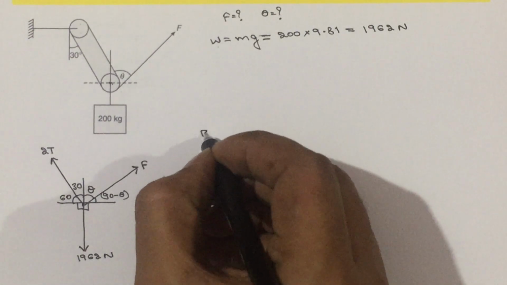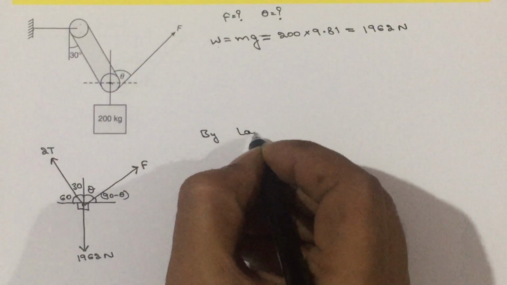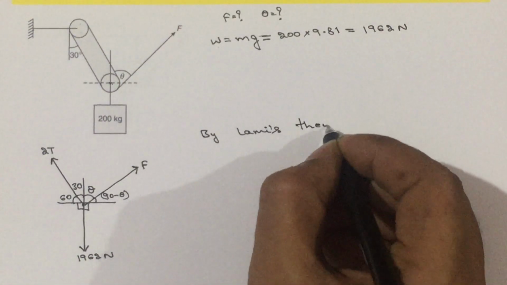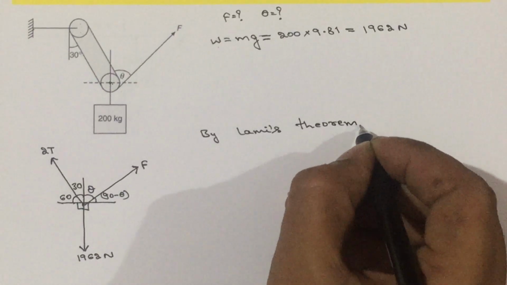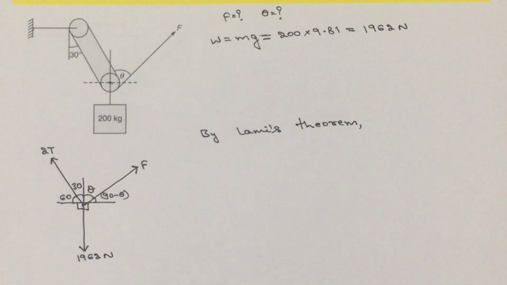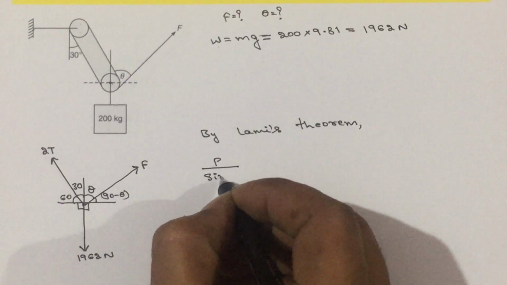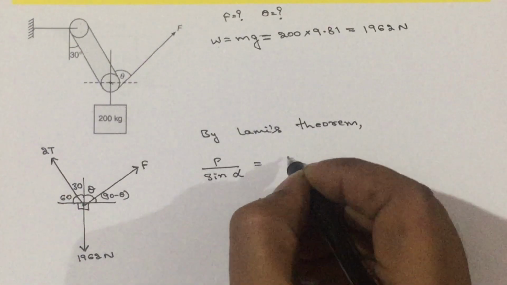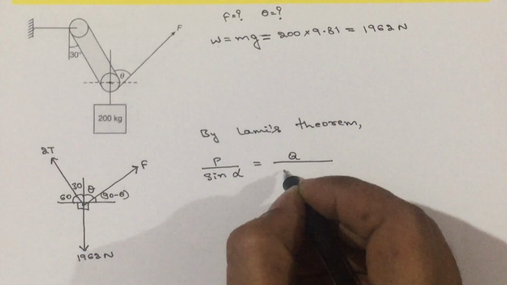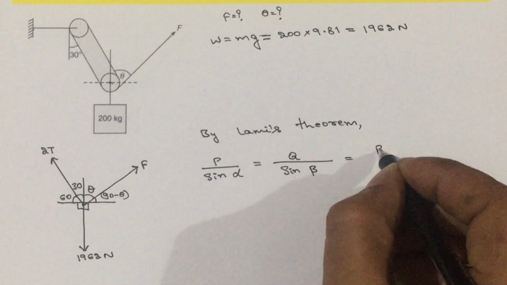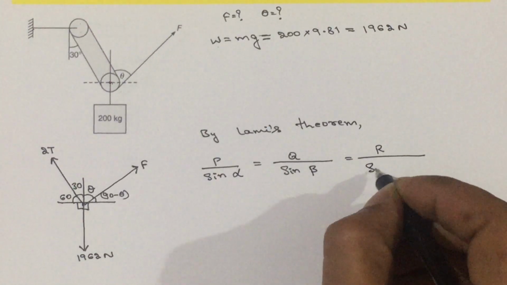So, by Lami's theorem, which is given by P by sin alpha, that is equal to Q by sin beta, that is equal to R by sin gamma.